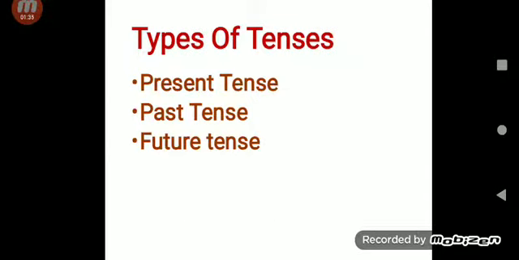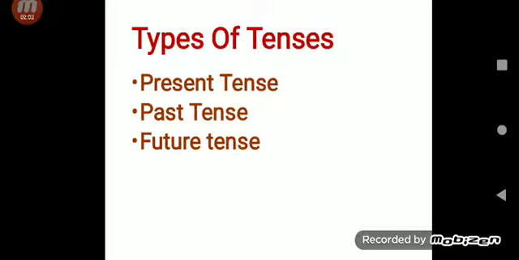After that, let's talk about types of tenses. Basically, tenses are of three types. Present tense, which states the present situation. Past tense, which states that something had happened.